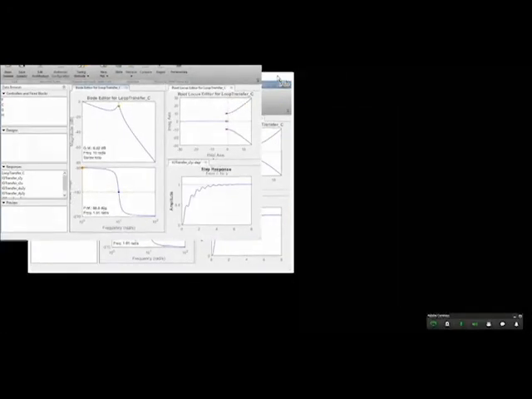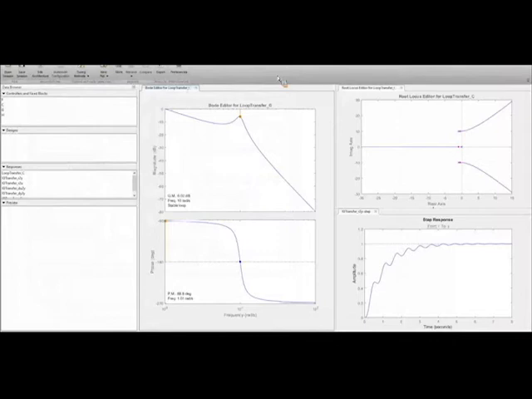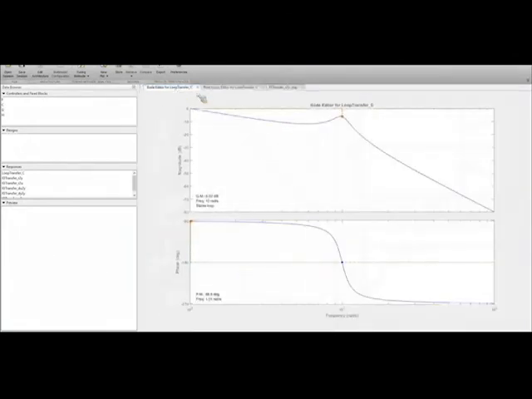In this example, this was just a second order underdamped system with a pole at the origin. We haven't really talked about this Bode plot portion of SISO tool yet, but we see some markings that are put on this for us.